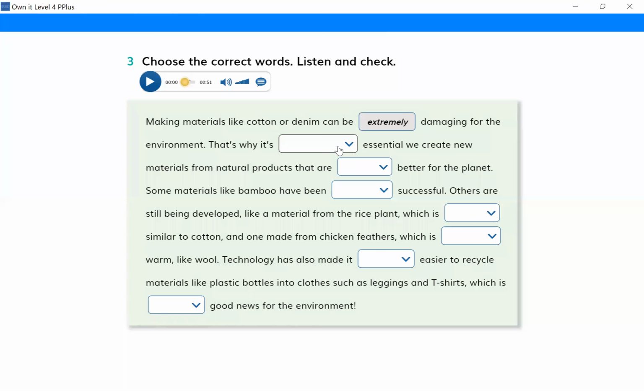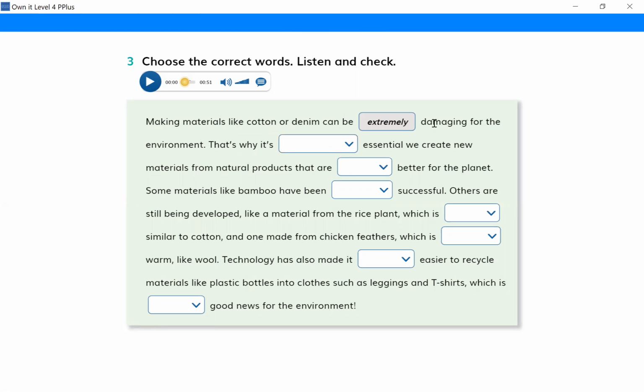So along with the given information above, which we have just summarized, by using this information, let's try to get the answers for the gaps. And here extremely was used because damaging is a strong adjective which is telling there's a strong thought, a strong idea.